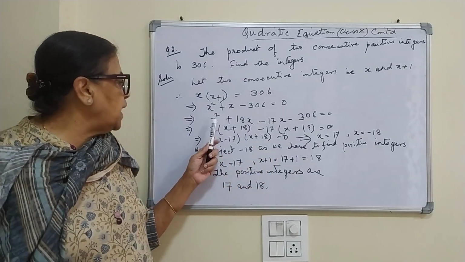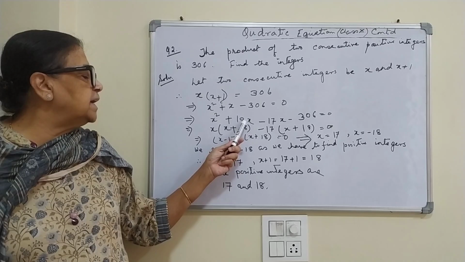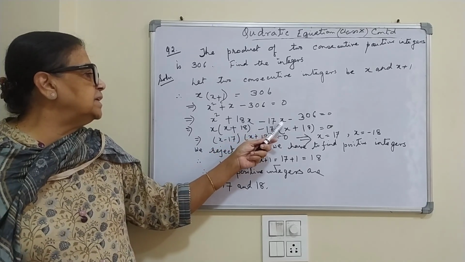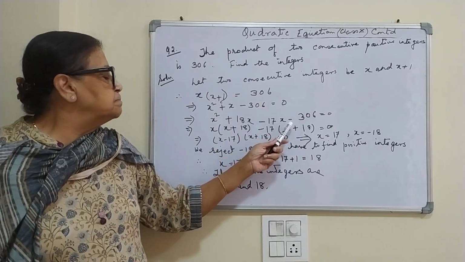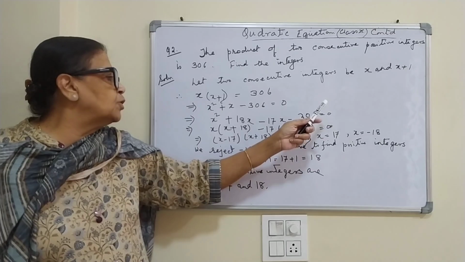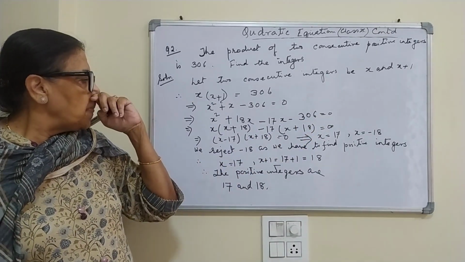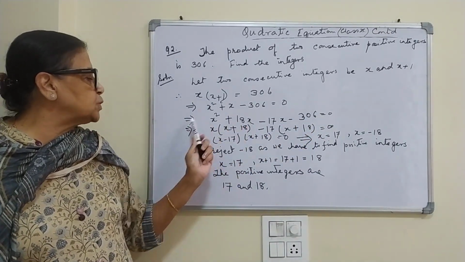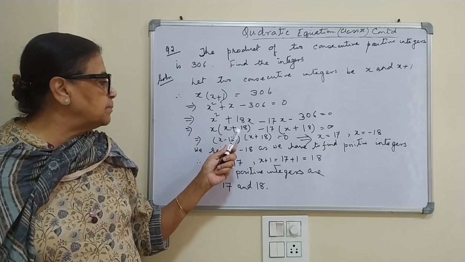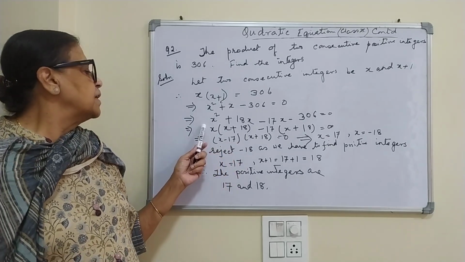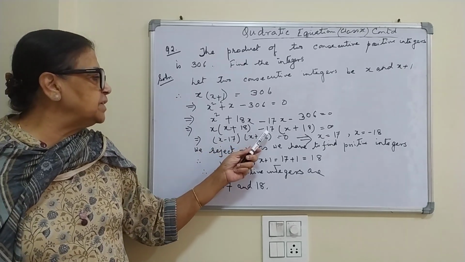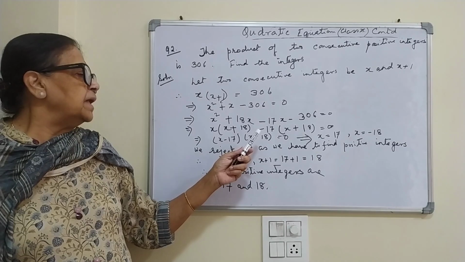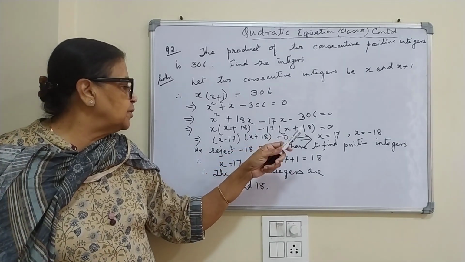So I can write x square plus 18x minus 17x minus 306 is equal to 0. From the first two I take x common, and from the last two, minus 17 common, giving x plus 18 is equal to 0.